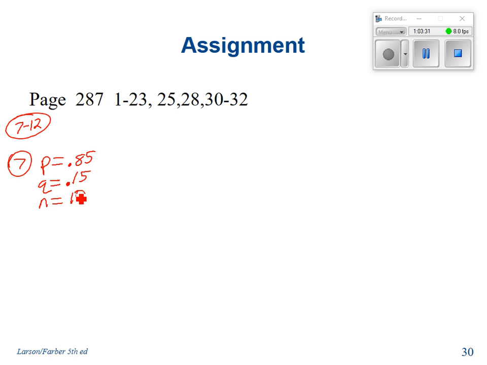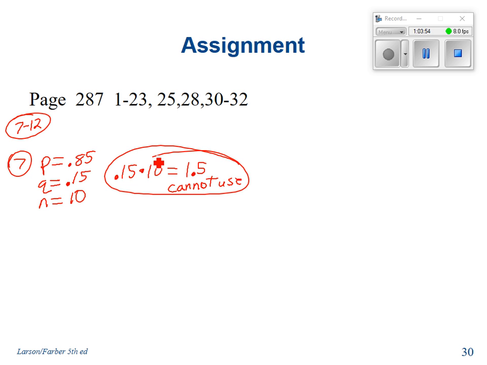What are we going to take times each other this time? 0.15 times 10, what's that give us? So can we use it? And that's a good enough explanation why you can't use it.